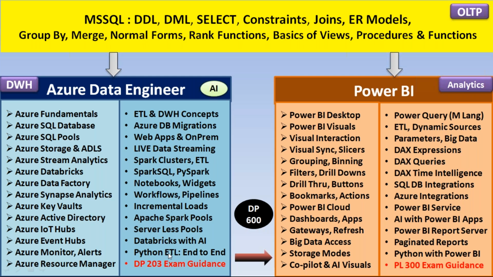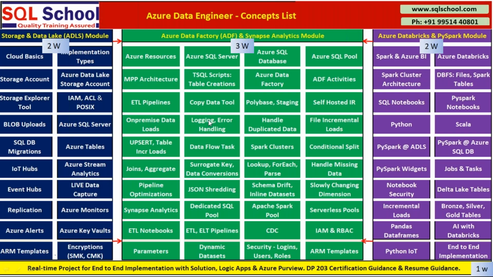We are not into Python programming, we are into Python for ETL. In the same way, Python is also required for Power BI. That is a data analyst course, a separate course. We are into core engineering with AI, technically and practically for the DP-203 examination. With this information, now the course is split into 3 independent modules.